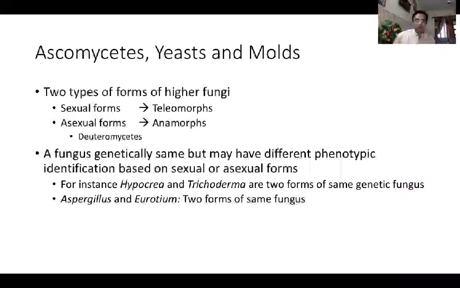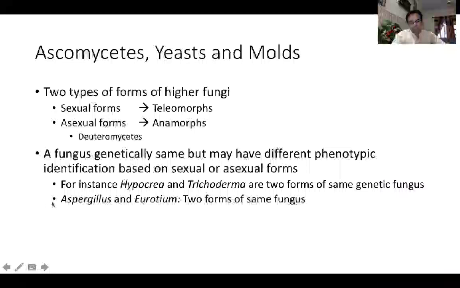Now, the two types of spores are different because one is produced not by combining nuclei at any stage. So there is no combination of nuclei. That's why some spores are known as asexual spores, for example, the conidia. Trichoderma has conidia, while its sexual counterpart, that's known as Hypocrea, contains sexual spores.